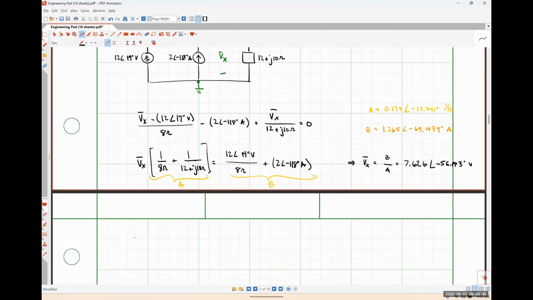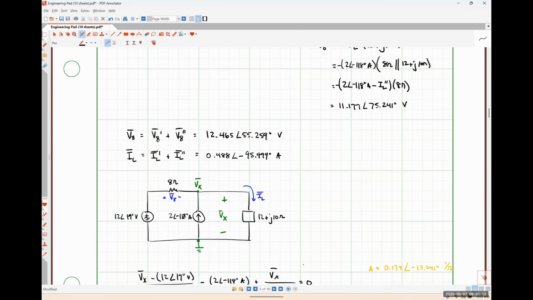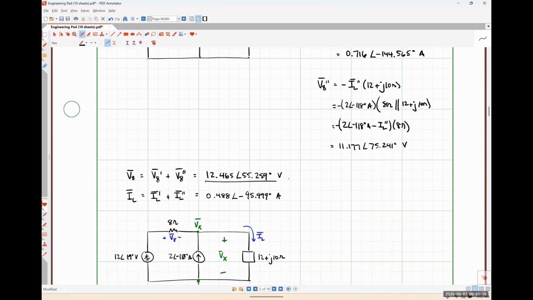And from here, I could say that the V8 that I'm interested in is just 12 angle 19 degrees volts minus that Vx, which comes out to be 12.465 with an angle of 55.259 degrees volts, which for what it's worth, exactly matches what we got earlier.